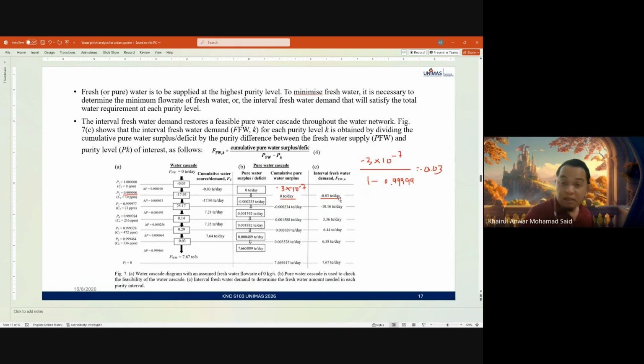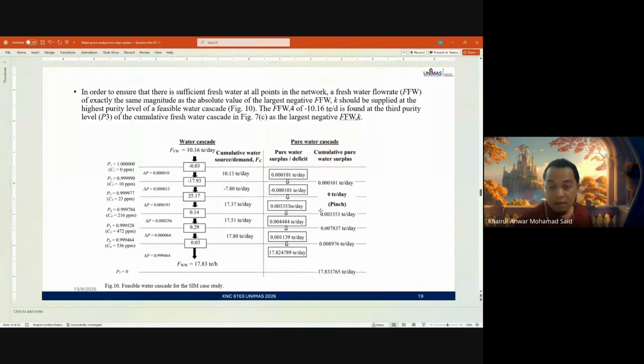The pinch occurred here at 23 ppm. 23 ppm refers to ablution and wash basin. Ablution is 25 tons per day. Wash basin is meeting the required concentration.